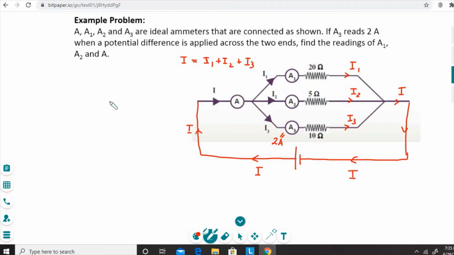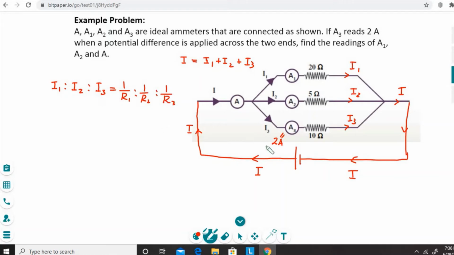So in that view, from the previous expression, I can write current I1 proportional to I2 proportional to I3 is equal to 1 over R1 proportional to 1 over R2 proportional to 1 over R3, like that.